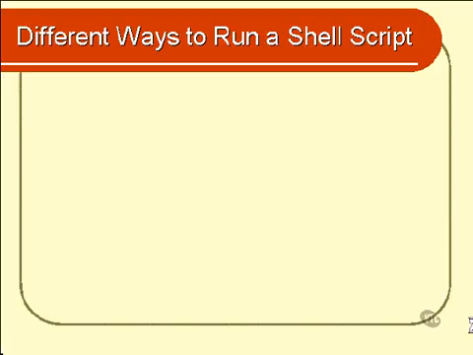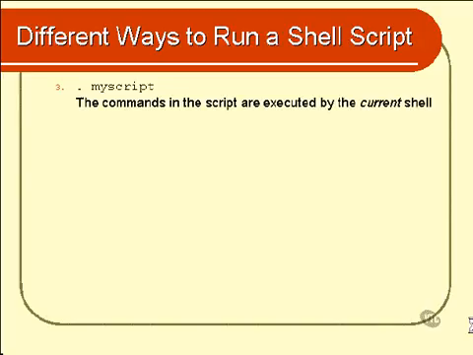The third way is slightly different, both technically and syntactically. You simply type dot and then a space and then myscript. Now the reason that this is different is that no second shell is loaded into memory. The script is executed by your current shell, your current login shell typically.